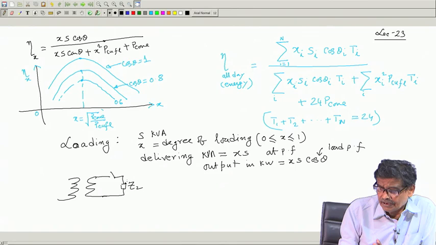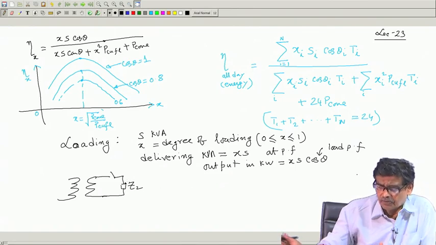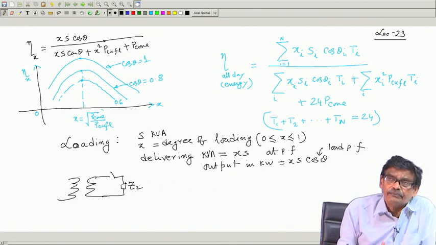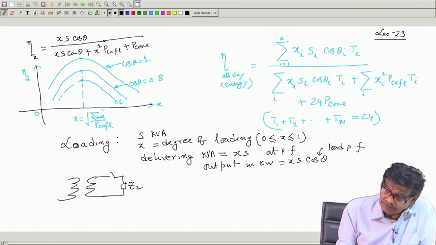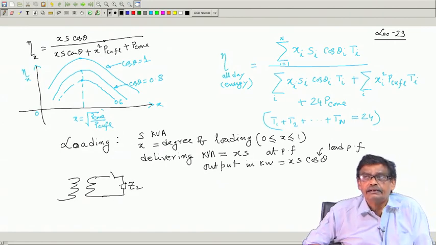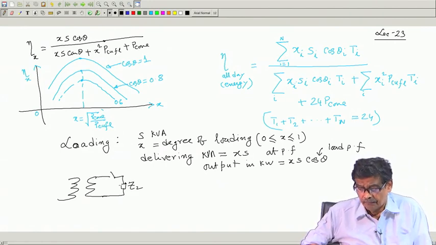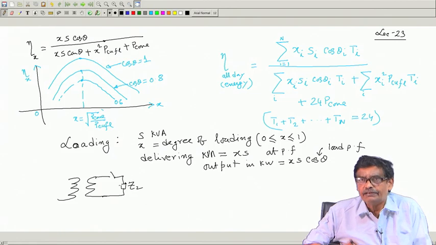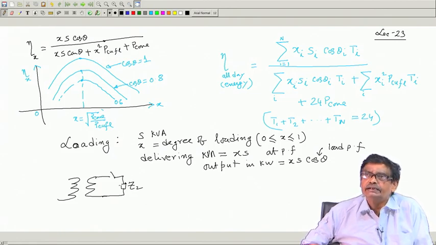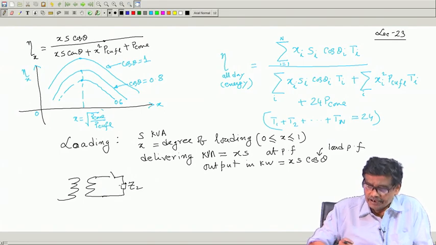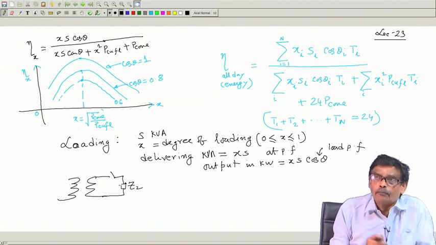This Z2 may be because of some parallel loads. Anyway, in terms of Z2 I told, but the load connected across the secondary is not really explicitly mentioned in terms of a complex impedance. If it is effective, it will be some complex impedance.